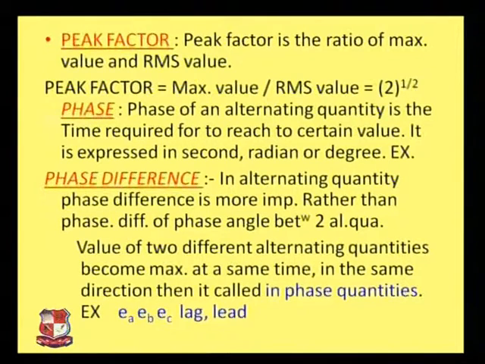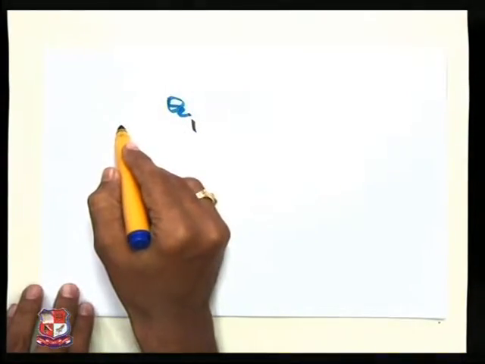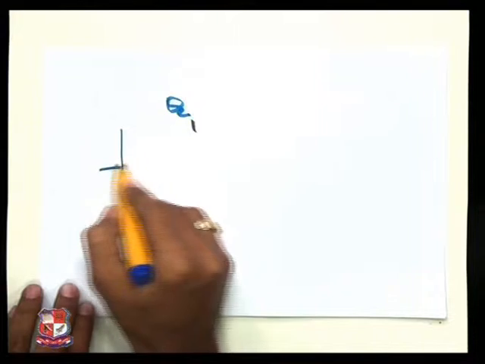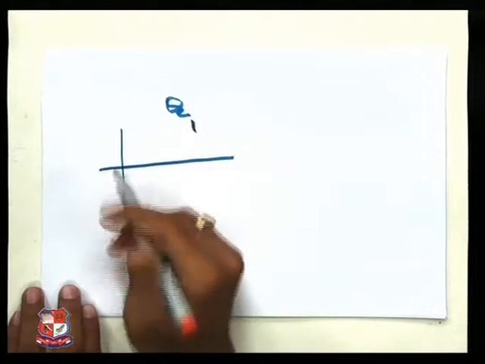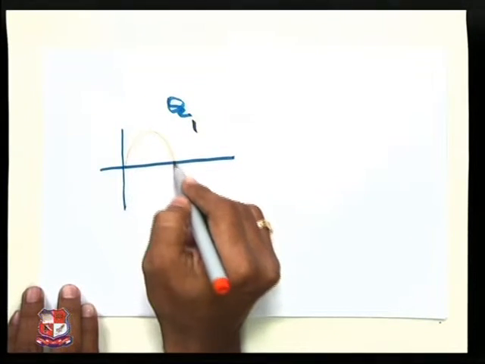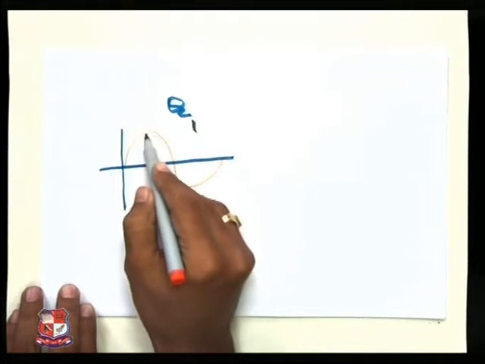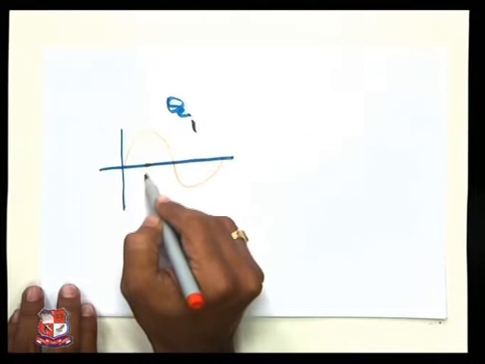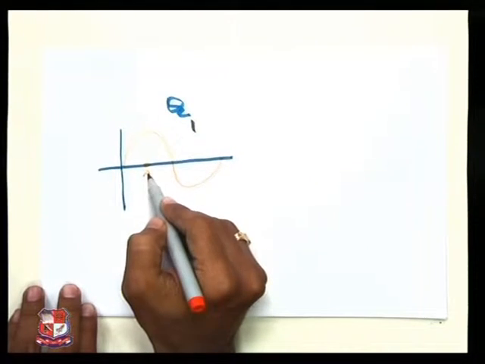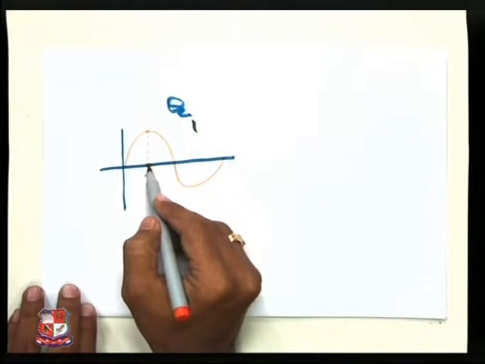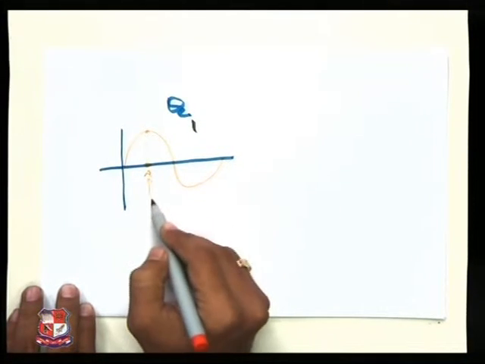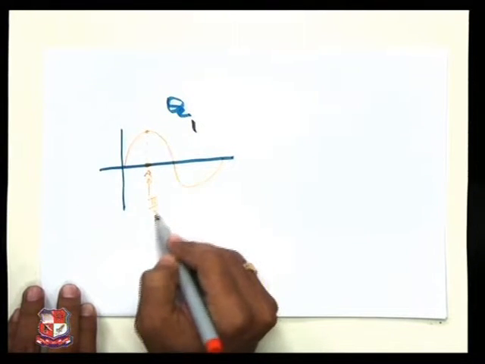Let us see here for more information. Let us take an example for phase. This is one alternating quantity. Suppose at position A, the phase of this alternating quantity is pi by 2.